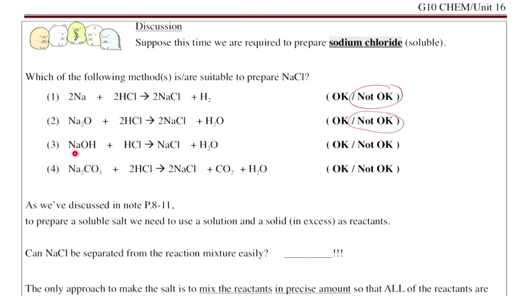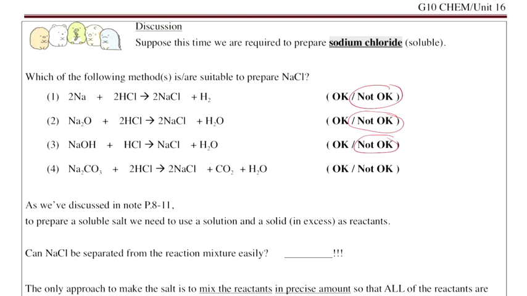Sodium hydroxide is soluble, it's an alkali. Hydrochloric acid is an acid that dissolves in water, an aqueous solution. So in this mixture, we're going to have unreacted sodium hydroxide or unreacted hydrochloric acid, one of them, and also the sodium chloride as a product that also dissolves in the mixture. So how can we separate it from the previous two? Again, not easy to do, so I would say that's not okay.